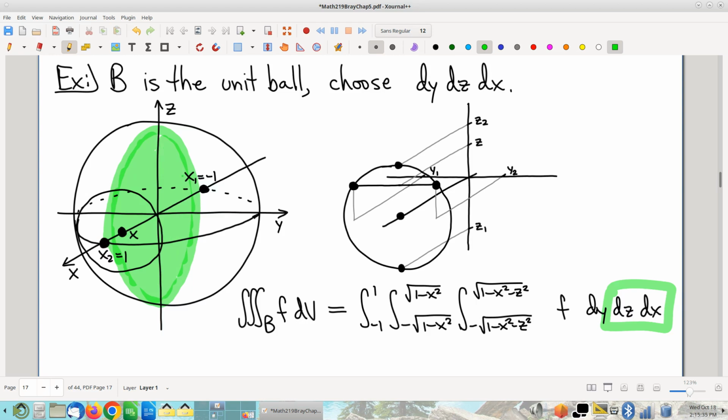That's a disk. I don't even really have to draw there exactly because I know what the unit disk in the xz plane looks like. I can draw it on the side somewhere, and that's a fairly straightforward double integral question. So these bounds right here for the dx outer integral and the dz middle integral, I don't really even need the three-dimensional picture. Right? And we're 2/3 of the way in.